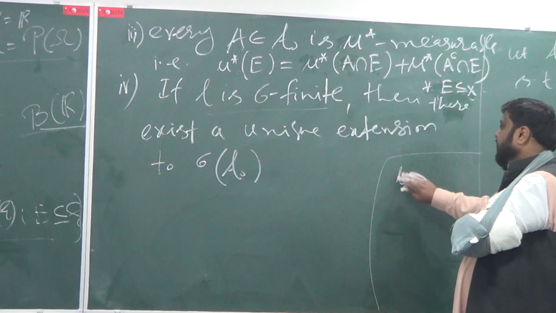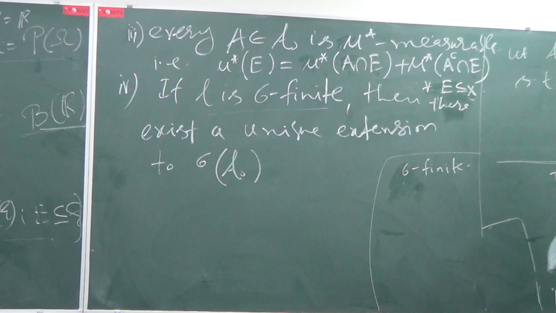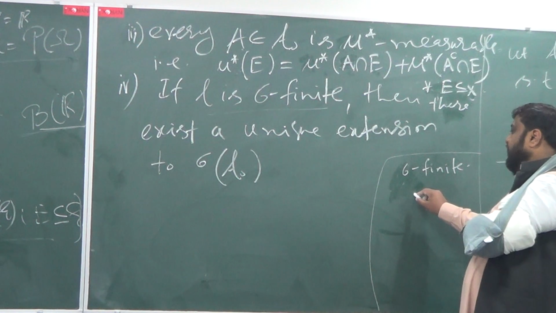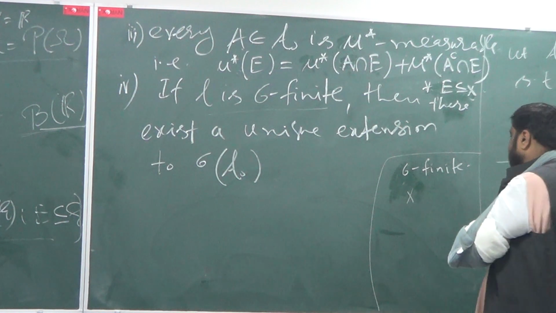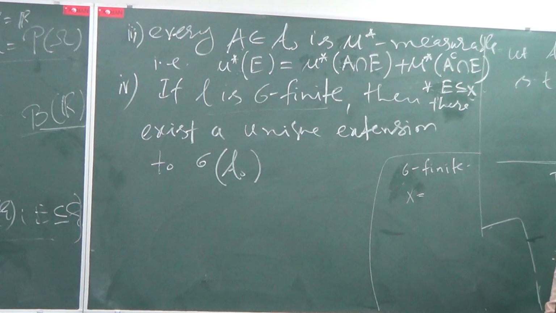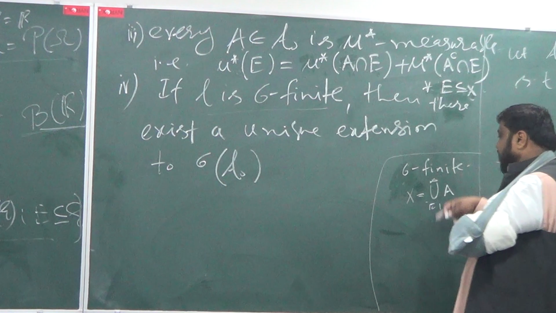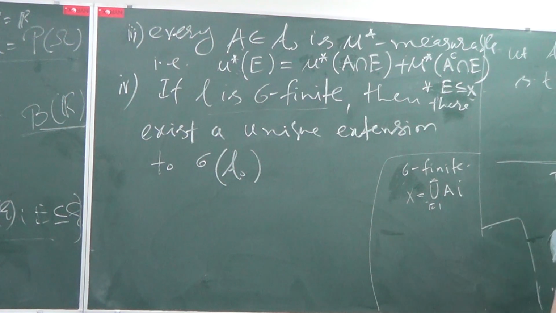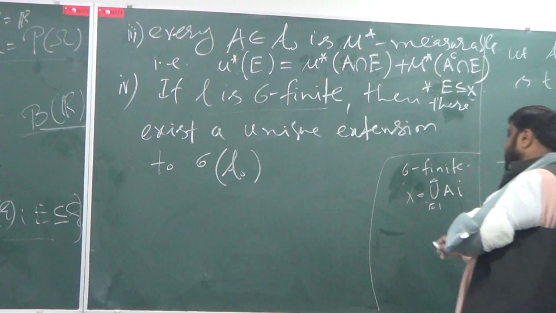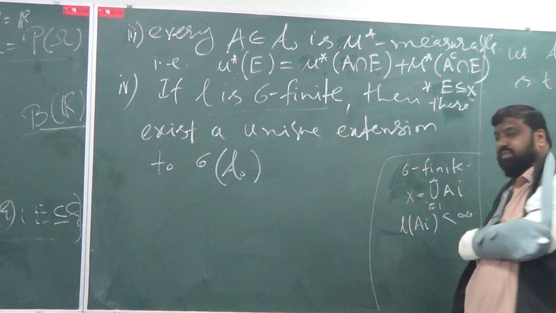L is sigma finite means that X can be written as a countable union of some subsets of X, such that the length of all these subsets is finite.